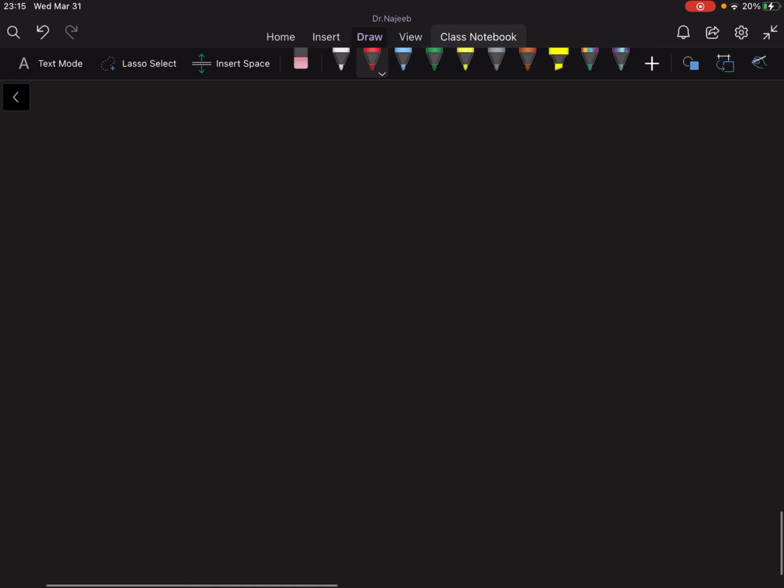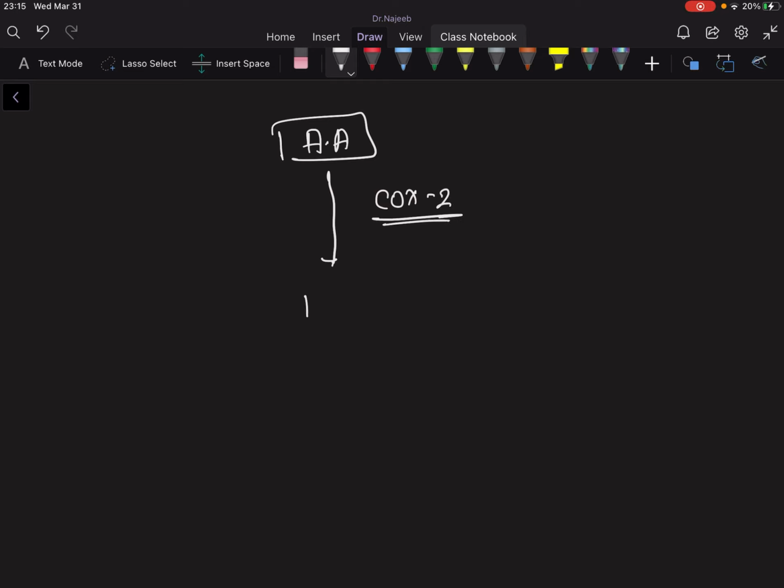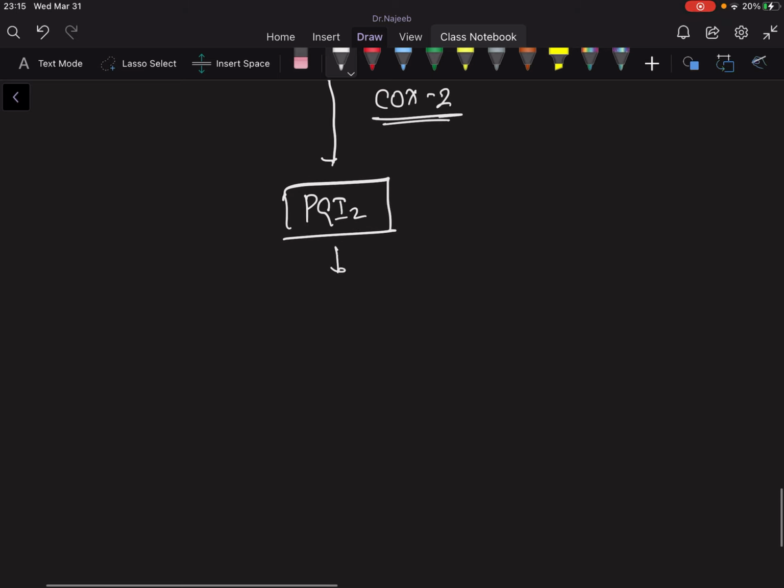So next we will talk about the cyclooxygenase 2 pathway. Here is our arachidonic acid, and in the presence of cyclooxygenase 2, it is converted into PGI2, which is also called prostacyclin I2. So what is the function of prostacyclin I2?